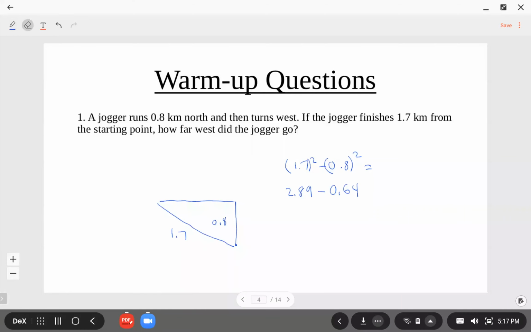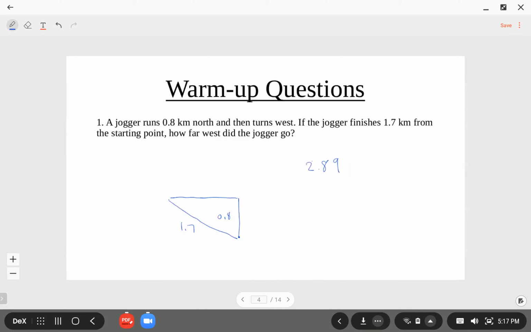Hold on a second. 1.7 squared, what is that? It should be like this, right?